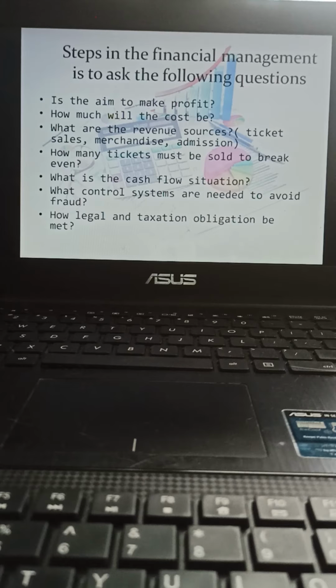Next steps of financial management is to ask the following questions. First you need to ask, is your aim to make profit? How much will the cost be? What are the revenues? Sources, from where are you going to get the revenues? On your side, it's supposed to be an awareness campaign.